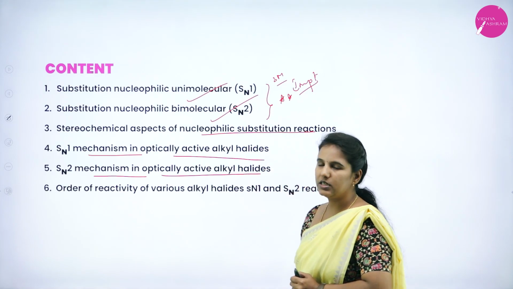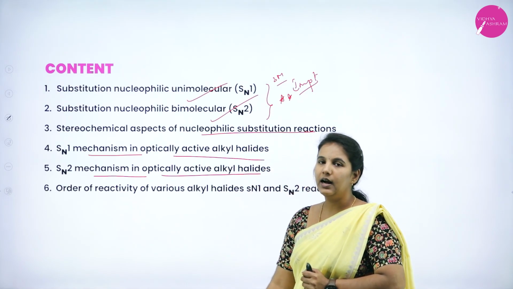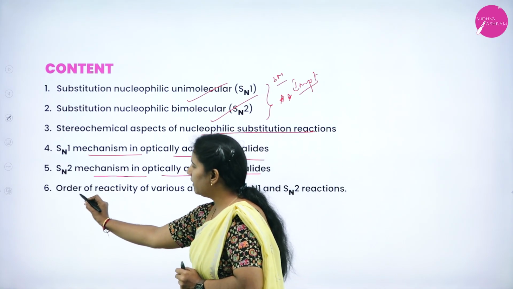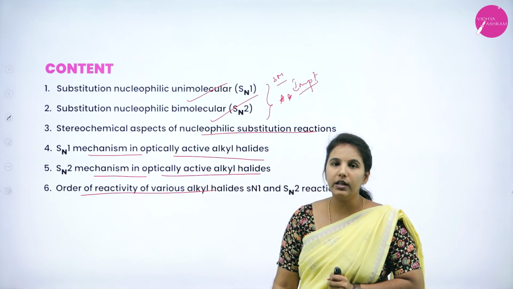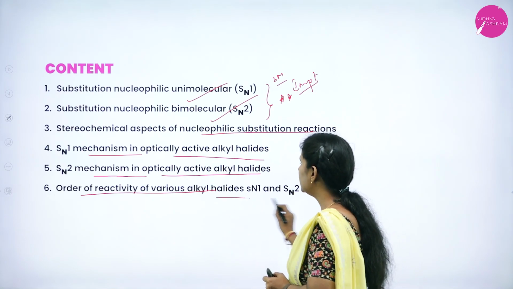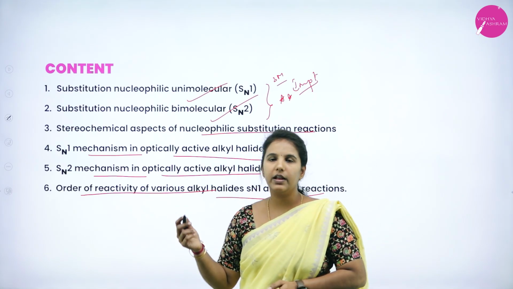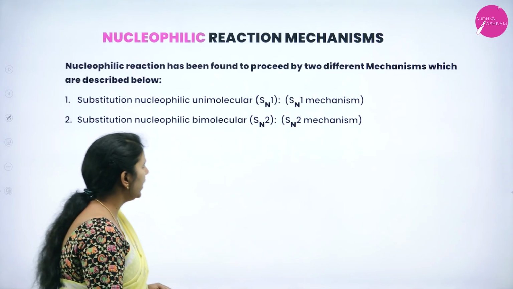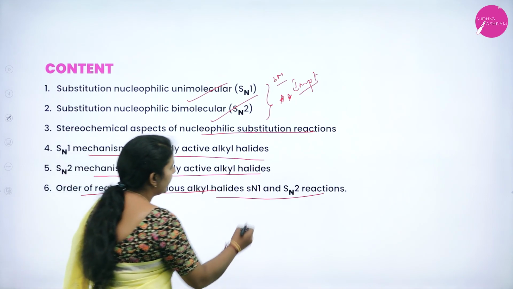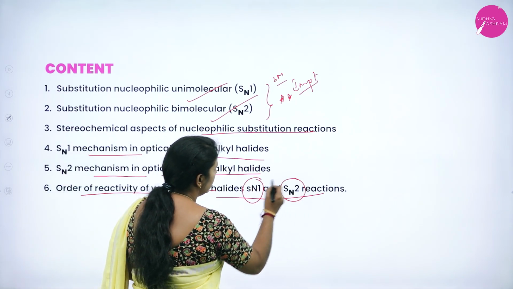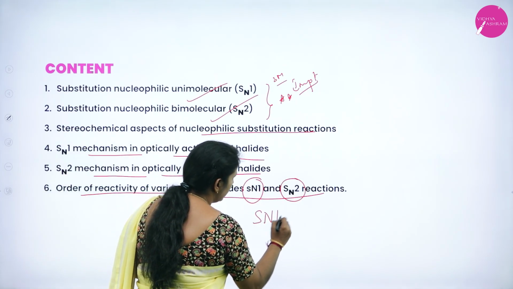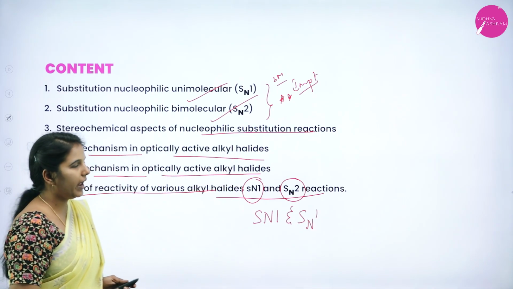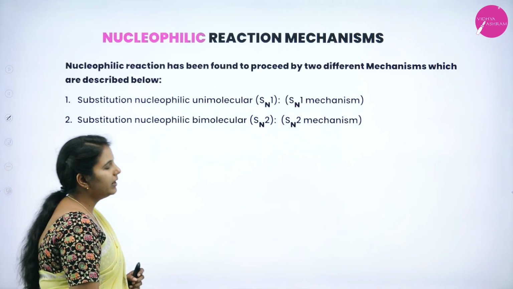At the last, we are going to discuss the order of reactivity of various alkyl halides in the SN1 and SN2 reaction mechanisms. Here you can see that SN1 can also be written with subscripts. No problem writing it either way, for SN1 and SN2.